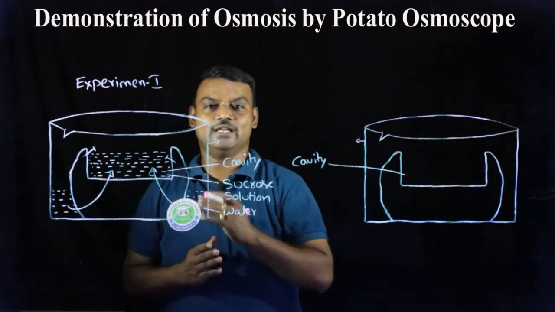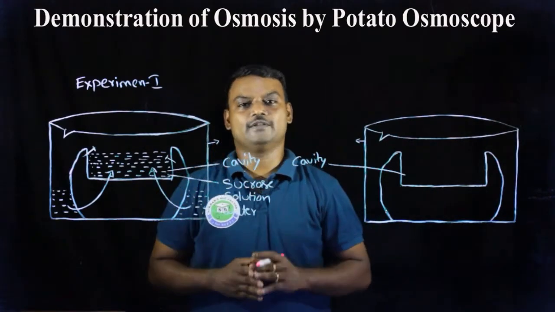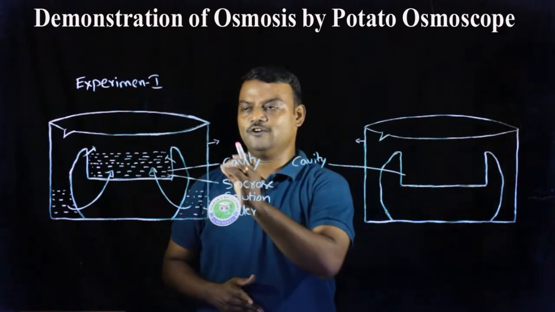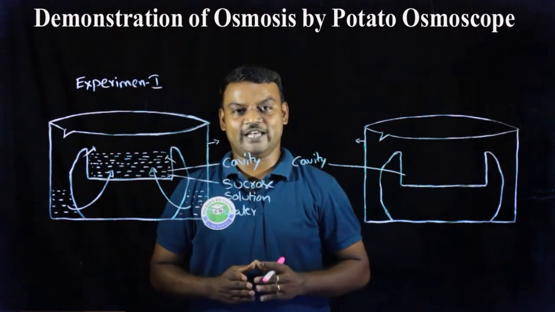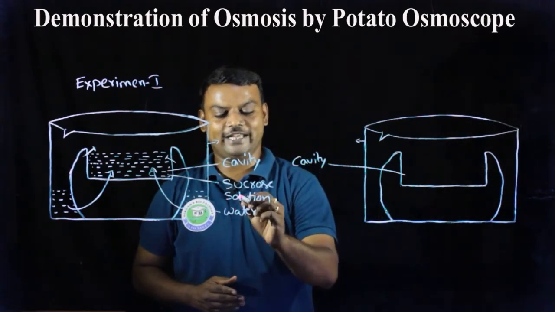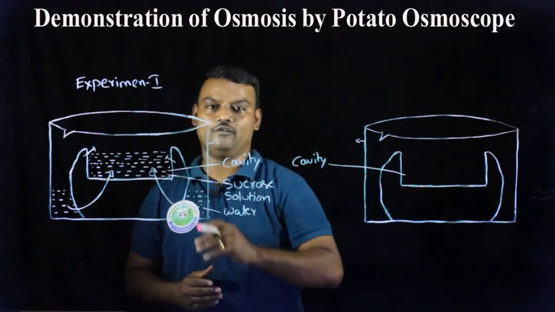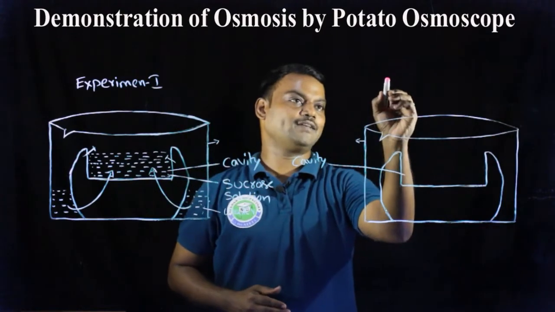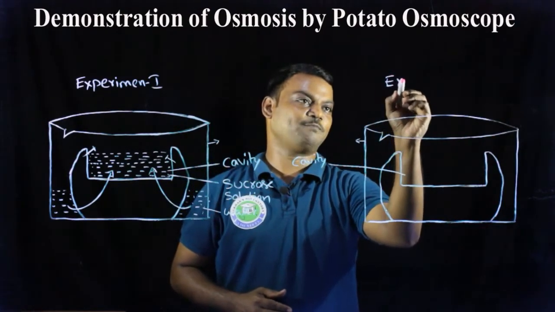It indicates the movement of water through the semi-permeable membrane present in potato cells. It is the first experiment. In this first experiment, the movement of water takes place from outside to inside of the cavity based on concentration gradient. Now let us take one more experiment, experiment 2.